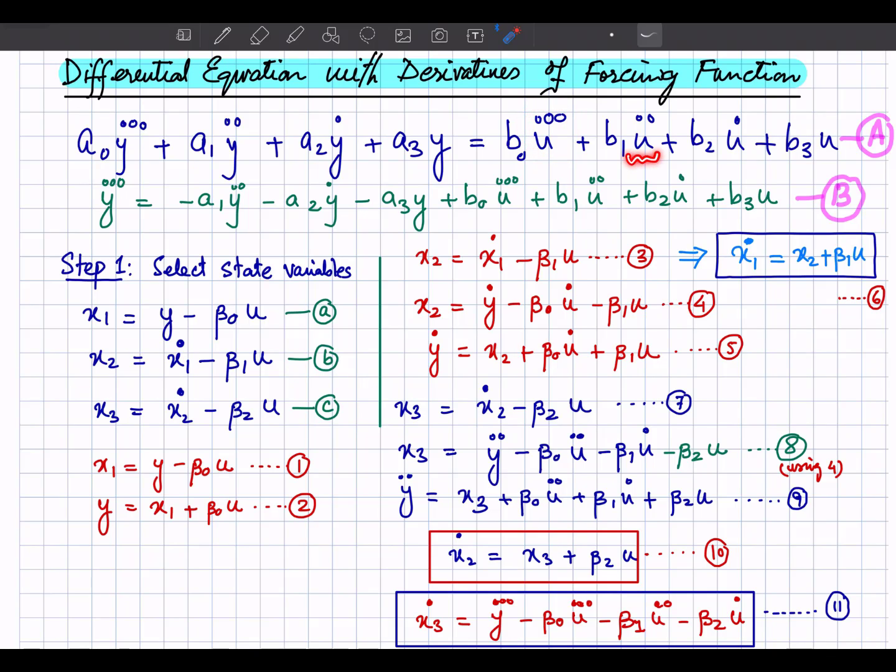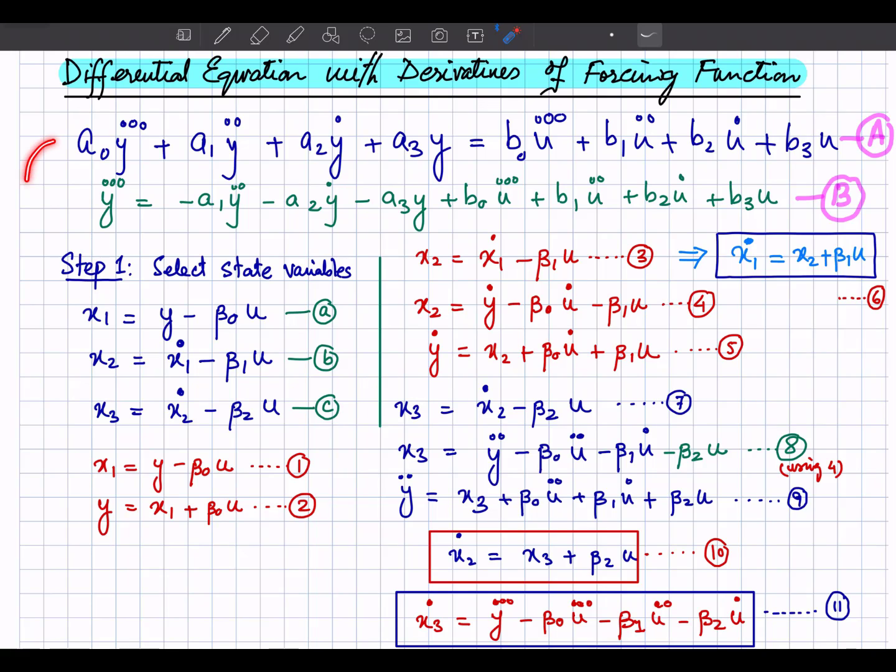U double dot, that is the second derivative of your forcing function. U dot, first derivative of your forcing function. So it's a third order differential equation which includes the derivative of the forcing function. So let's represent it with equation A.